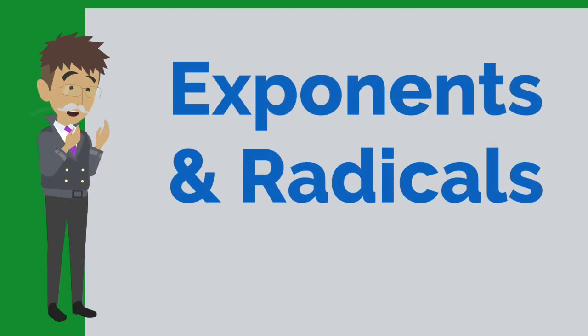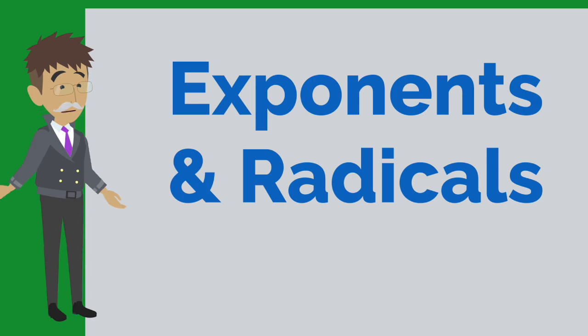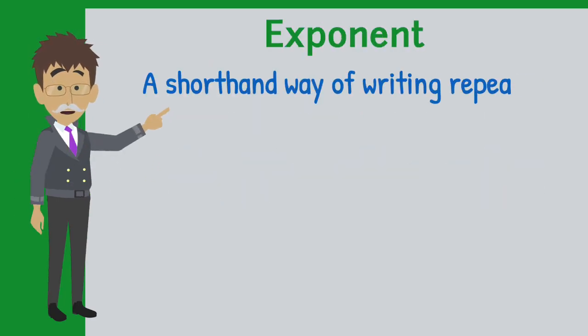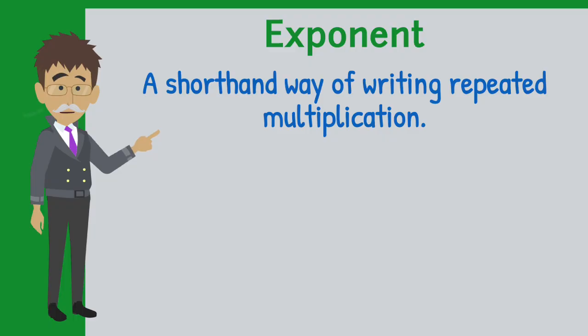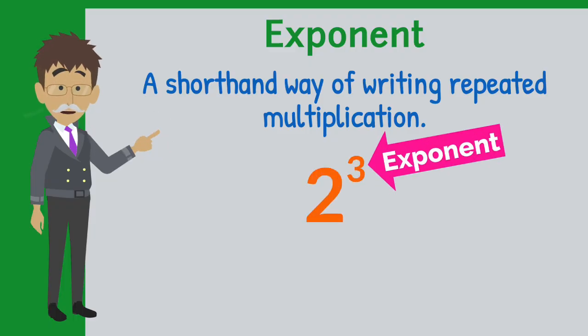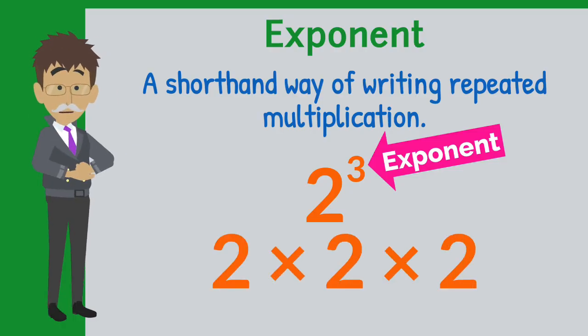Exponents and radicals let us write repeated multiplication and roots in a simple way. Exponent. A shorthand way of writing repeated multiplication. In the expression 2 to the third power, the exponent is 3. It tells us how many times the base is used as a factor, 2 times 2 times 2.